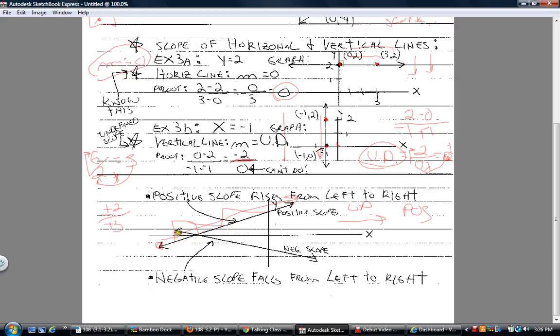If you look at a line from left to right and it's going down, it's going to be a negative slope. Okay, we'll be doing more examples of that. You can think of -2, 3. If you start here, you went down 2 units over 3, down 2 over 3. That would cause a negative slope.